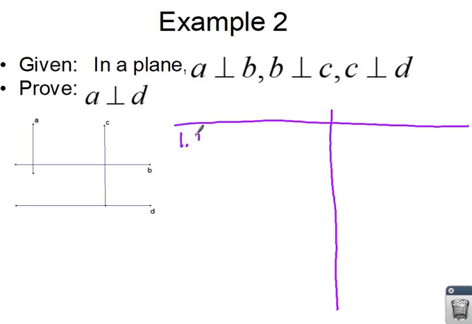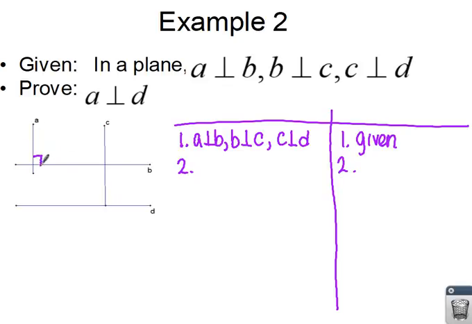So first step, copy your givens. So A is perpendicular to B, B is perpendicular to C, C is perpendicular to D. All given. Okay, I'm going to go ahead into the picture and put boxes just so we can see things because they don't have angles labeled, so we're not going to be saying that angles are 90 degrees and that sort of thing. Okay, it kind of leads you to what you want to do.